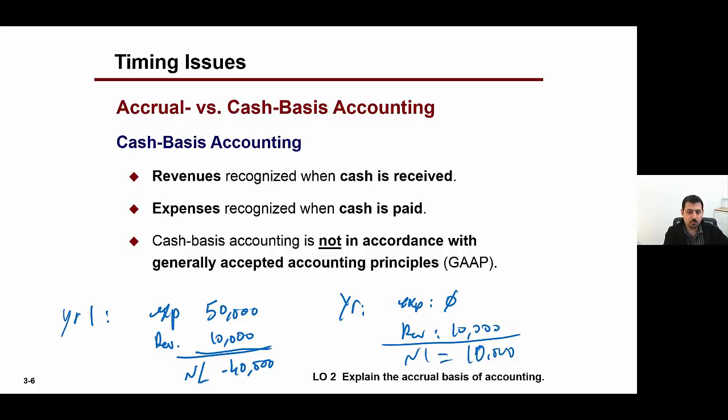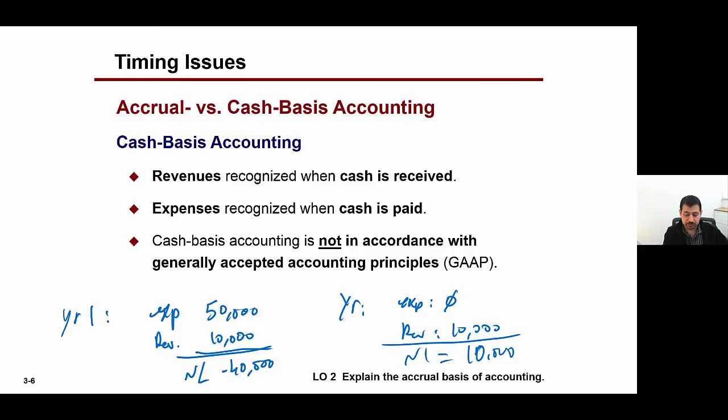Now what the problem here is that if anyone looks at the performance of this company, they look at the first year, it was minus 40, second year it's plus 10, so they expect that it will continue to grow more or less like that in this same pattern. But this is not the truth.